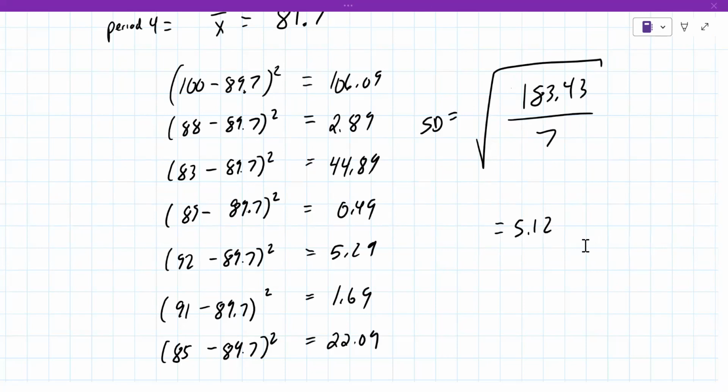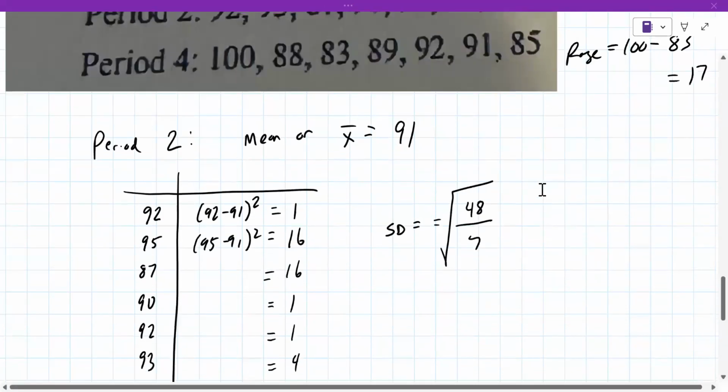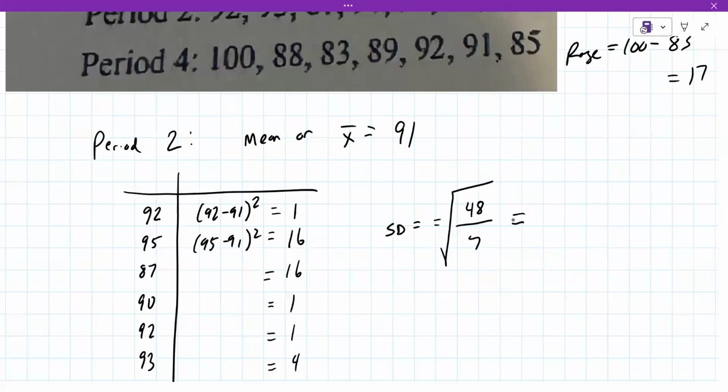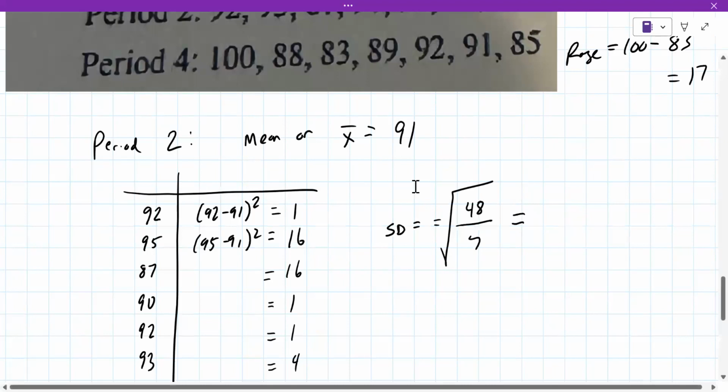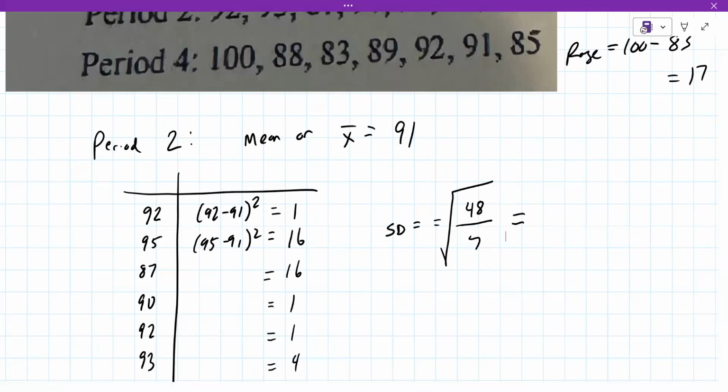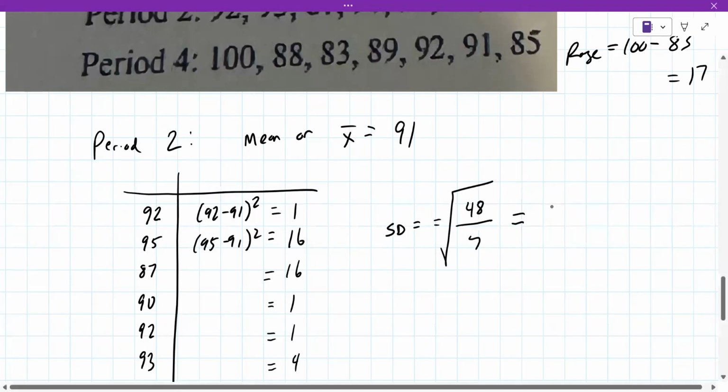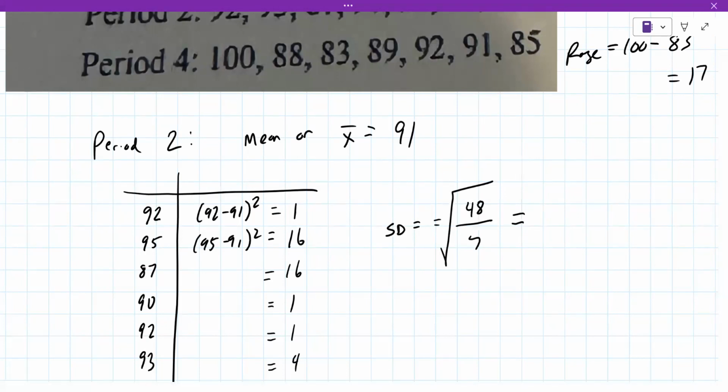Now, comparing our results here, 5.12 compared to, I don't remember what I was told for period 2, I'm guessing it was like 2 point something. What was it for period 2? Oh, yeah, 2.62.